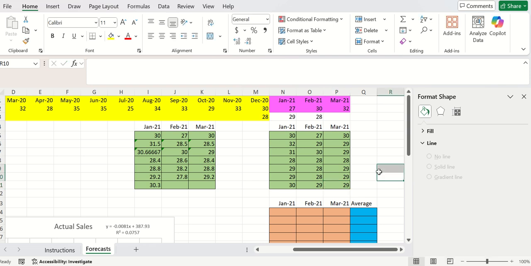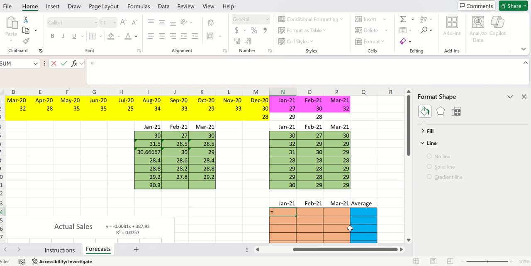And now the last part that we're doing with our forecasting is we're trying to determine which of these forecasting techniques would have been the best, all right? So we want the mean absolute deviation, which means that I want the absolute value of the difference between what my forecast is and what the actual was.